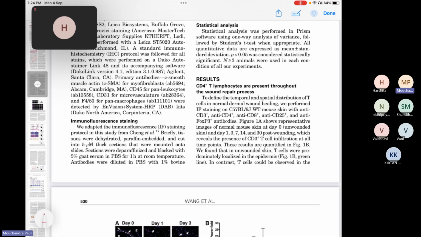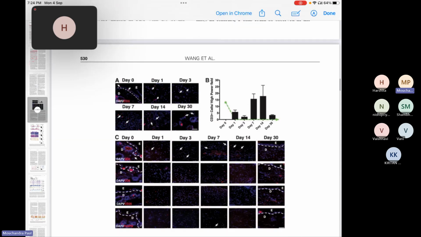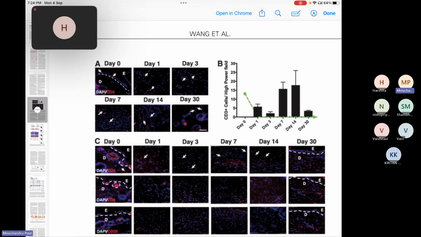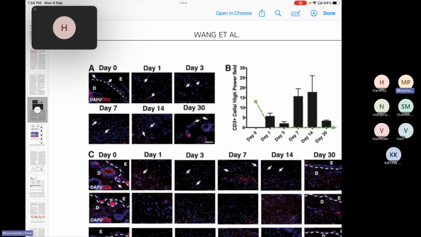First, as I said, they are going to see the distribution of the lymphocytes in the normal wounded area in wild type mice. So this is day zero, here is the dermis layer, here is the epidermis layer.